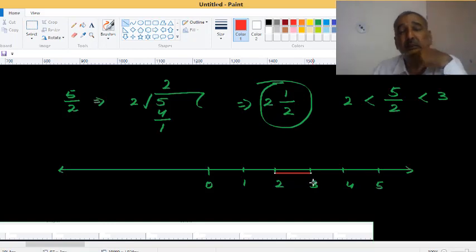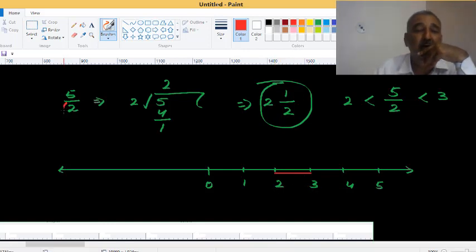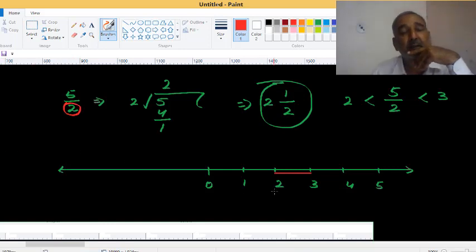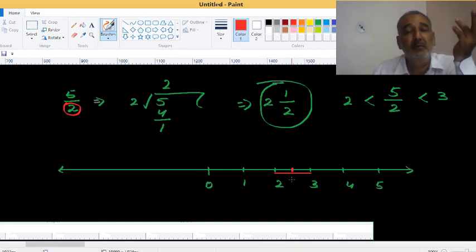Now, there is no decimal expansion with me. How can I convert it? You have to divide this line segment between 2 and 3 into two parts. How can we divide a line into two parts? Then fix a point right in between. This is geometrical method.